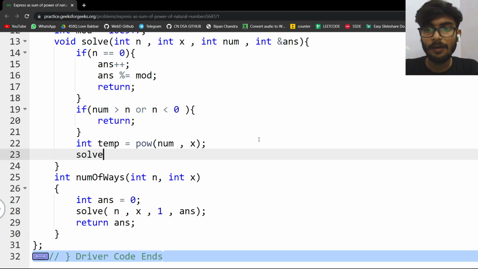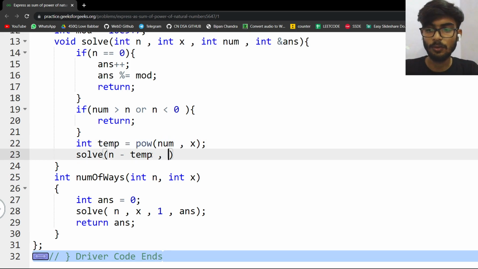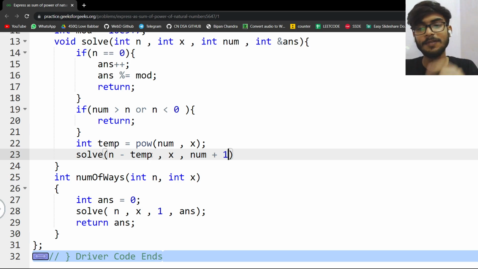So if I have taken that thing in consideration, then what I'm going to do is the power I have calculated here, I'm going to minus it, so n minus 10, okay, and all things are as it is. But I need to increase one, because we have seen that in the upcoming recursion calls I have increased the value of this num from 1 square to 2 square, to 3 square subtraction, okay, and answer will be as it is.